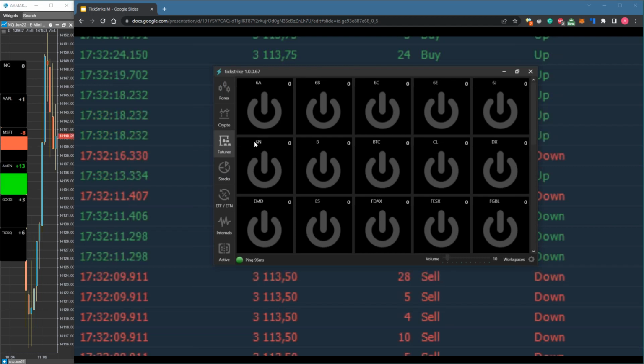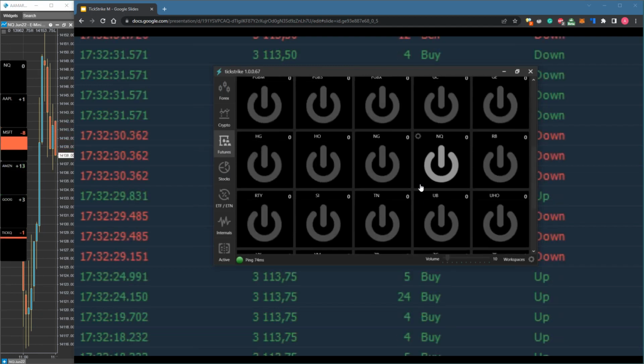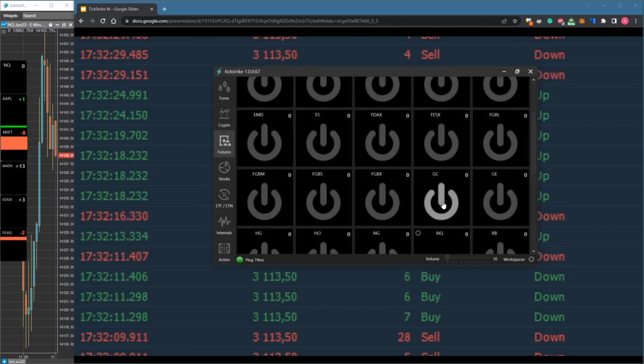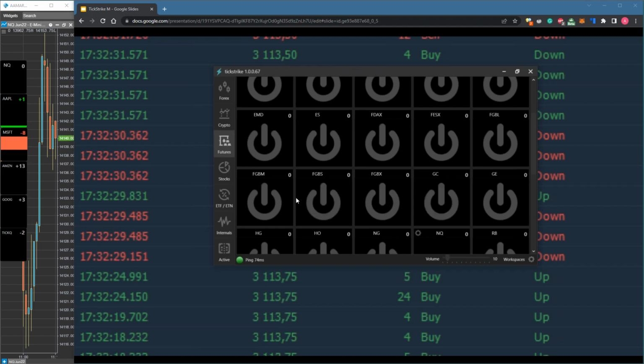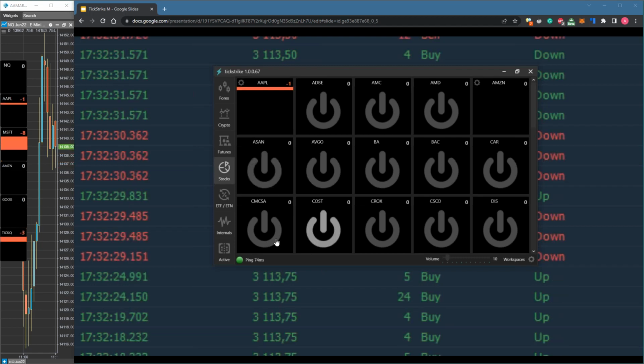Someone's asking about gold. Yep, GC we've definitely got, and we're in the process of adding some other gold derivatives as well. But GC for gold is definitely there. Individual stocks. This is kind of my favorite use case for TickStrike, as you'll see up on the left.